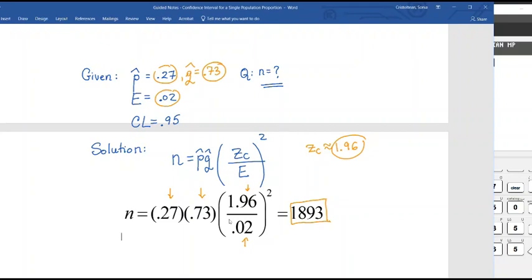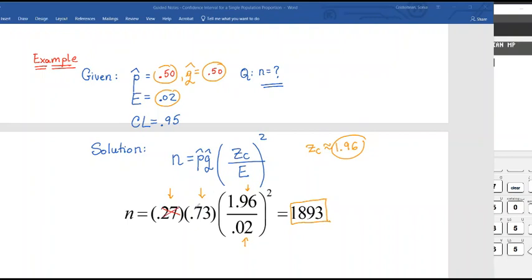There is another situation, as I said, when the proportion is not given. So there is no information about the proportion. And if the proportion is not given, let's just create this example right now. If the proportion is not given, for example, we don't know anything, we will just simply replace these numbers with 0.50. And I will let you do so.